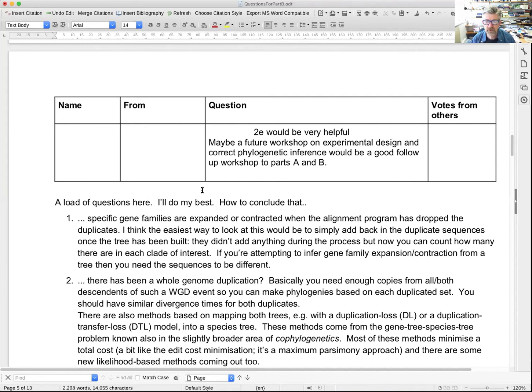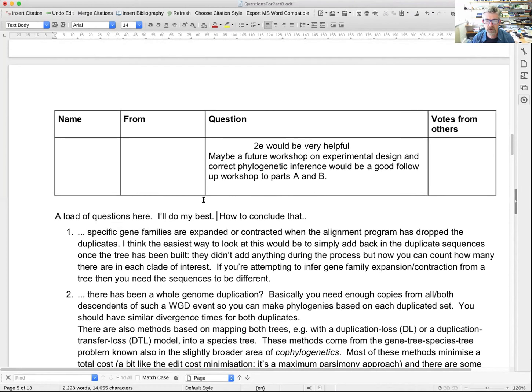I think then if you've got a situation like that, and you've got duplicate sequences, then you should simply add them straight back in afterwards. You can notice that you've got, say, 5 identical sequences at one leaf, and you might then conclude that perhaps that clade has duplicated some gene or some genes.